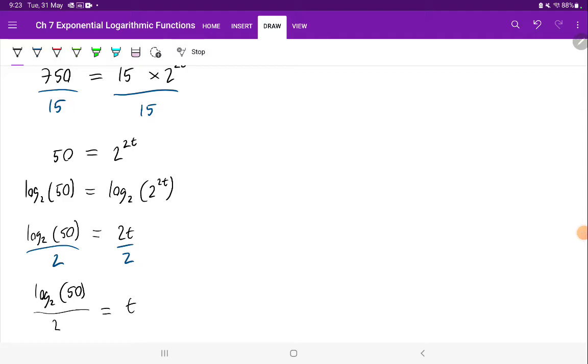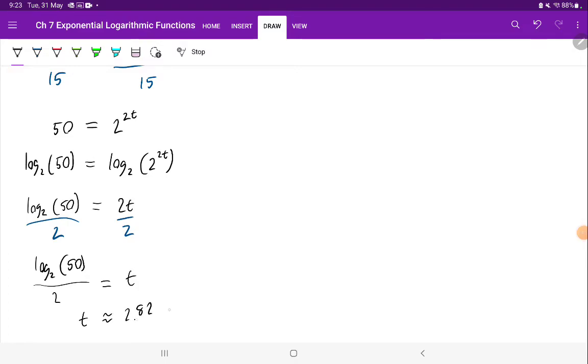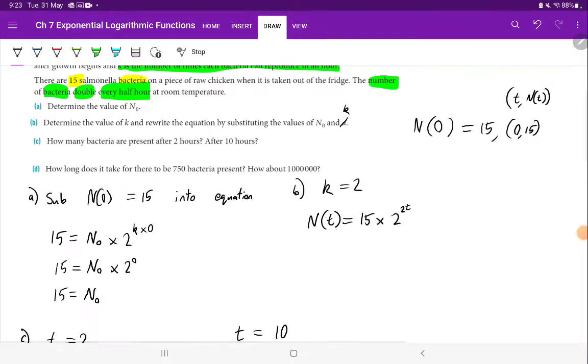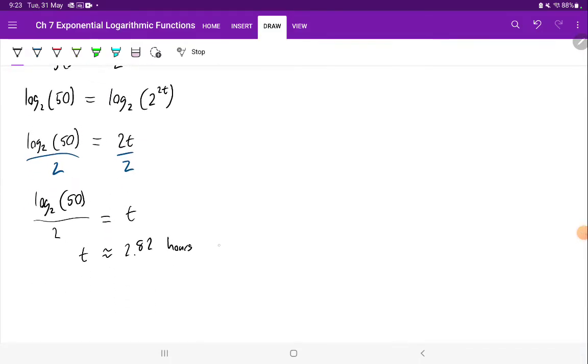So in this case, it takes about 2.82 hours.